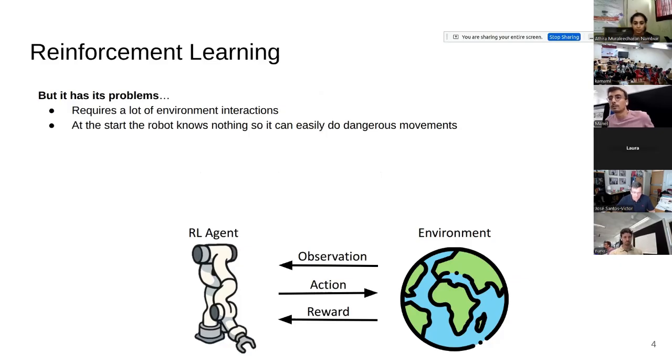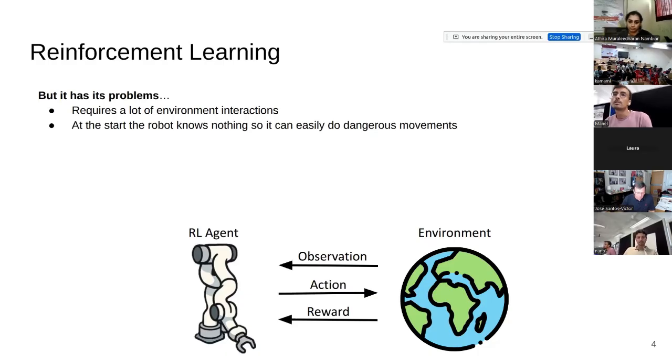But okay, so I really like reinforcement learning, but I also know that it has very big problems. The first one that I would like to mention is that it requires a lot of interactions. So this usually is thousands or millions of attempts at different actions until it starts finding what are the best actions to solve a task.